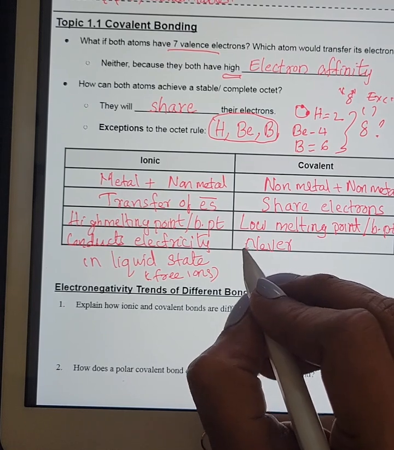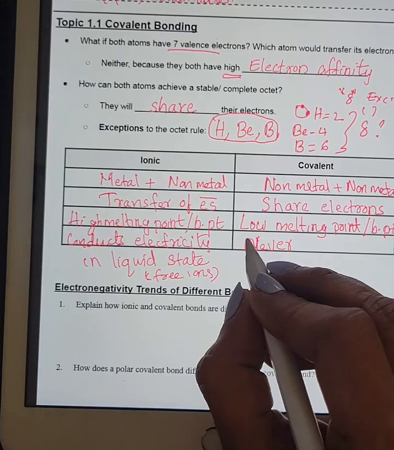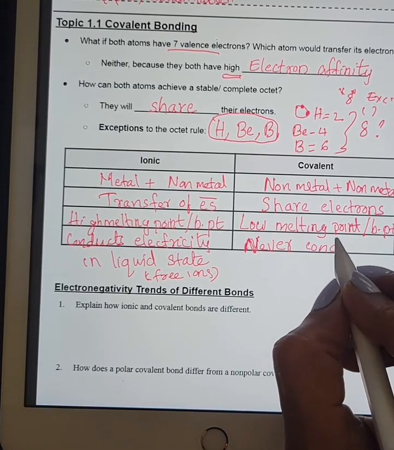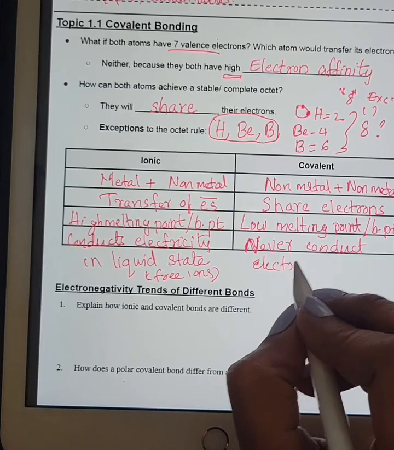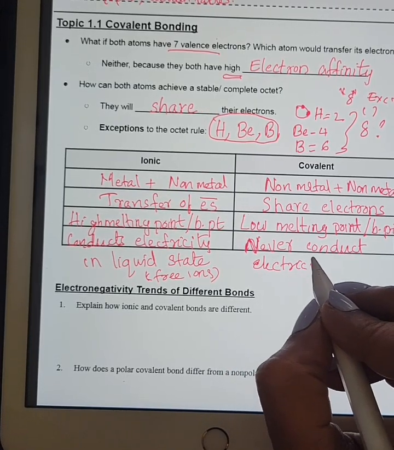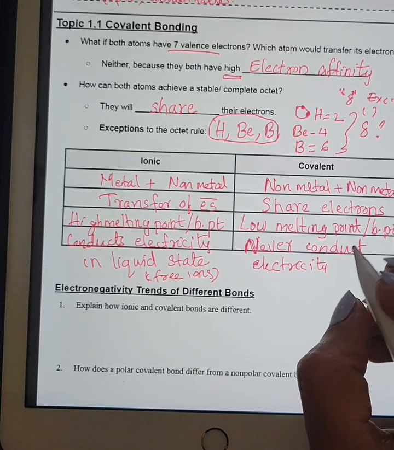There is an exception, which is graphite. Every other covalent compound will never conduct electricity. They are called insulators, because they don't have free electrons or free ions.